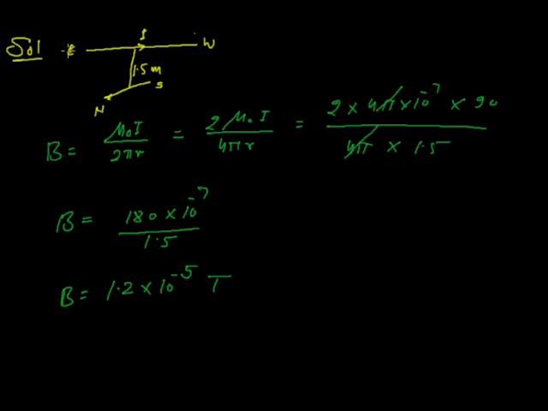So at the lower point its direction will be towards south, because according to the right hand rule, when we hold the wire in our hand with the thumb in the direction of current, then the curl of the fingers shows the magnetic field, so its direction will be towards south.